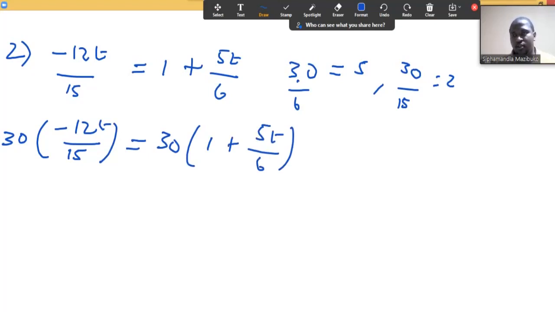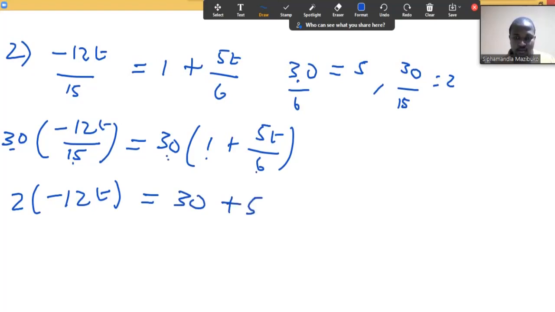So 30 divided by 15 is 2, so we're getting 2 into minus 12t, which is equal to 30 times 1, which is 30. 30 divided by 6 is 5, hence we're getting plus 5 into 5t.